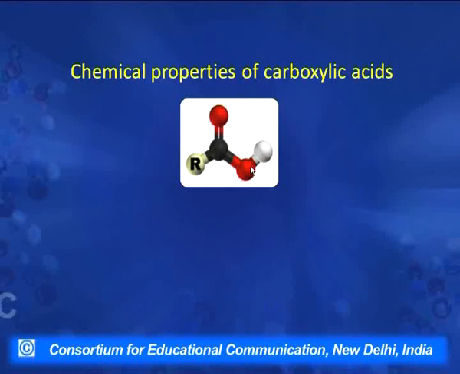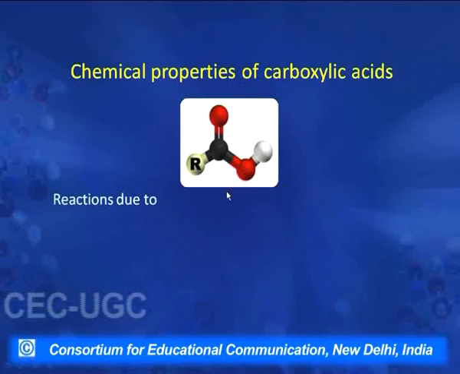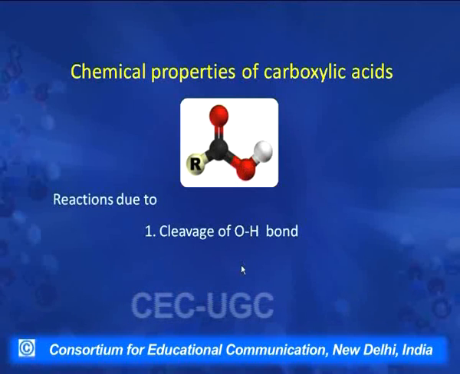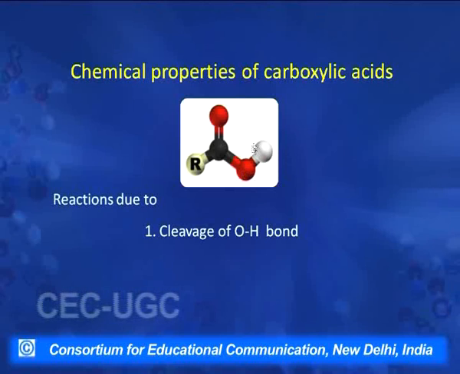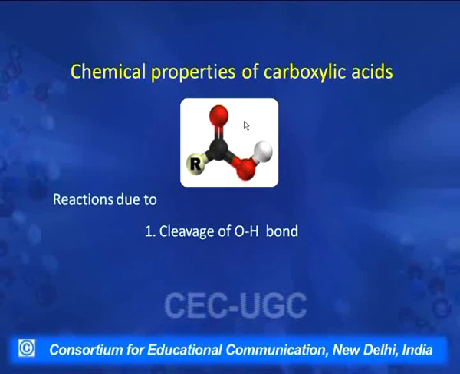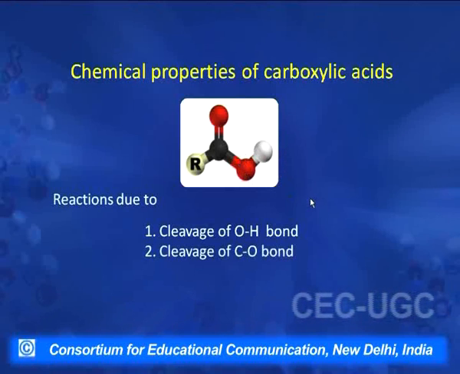So that gives rise to the acidic nature of carboxylic acids. Then second, we will take up the reactions where cleavage of this CO bond is involved. This single CO bond means the reactions where the whole of the hydroxyl group is involved. So these are the reactions due to cleavage of the CO bond.